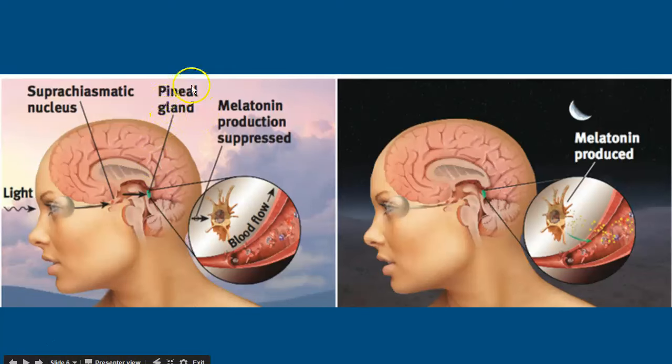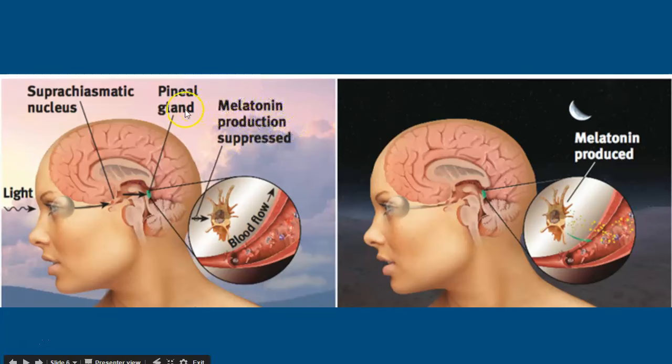You have something called a pineal gland, this little green jelly bean looking thing. This is responsible for you being sleepy and you being fully awake. There's a hormone called melatonin that is produced by this pineal gland. When light enters the eyeball, the melatonin production is suppressed, meaning it stops.